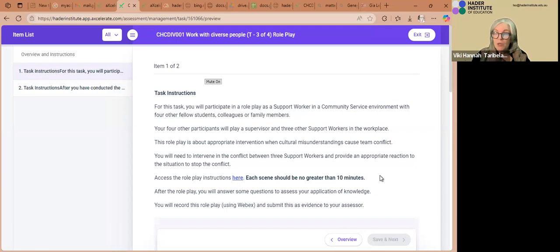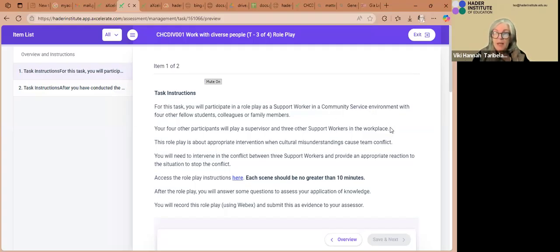If you're recording this in your own time, then of course you will go over to the announcement section in your portal, which has a full suite of do's and don'ts for your role plays. There's a standard that you must meet, and it's minimum. And here it's got here that you will play the role as a support worker.